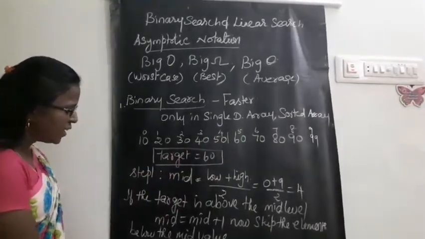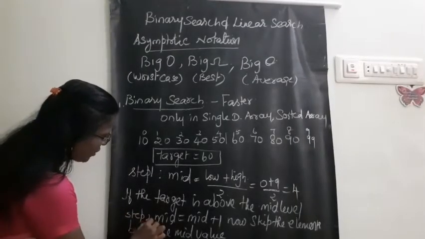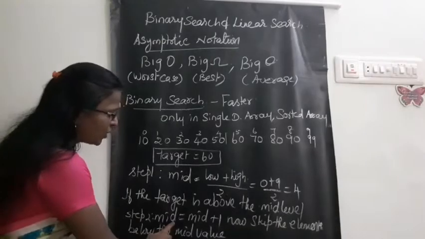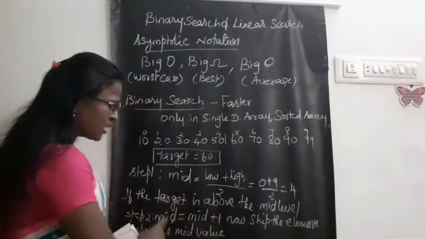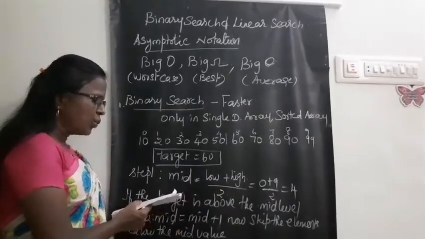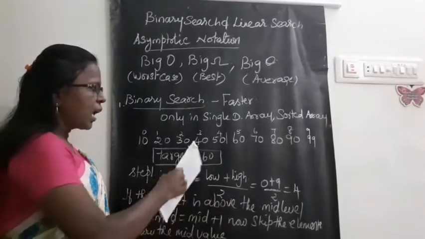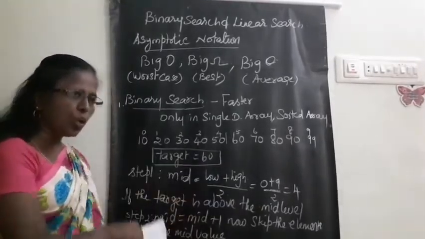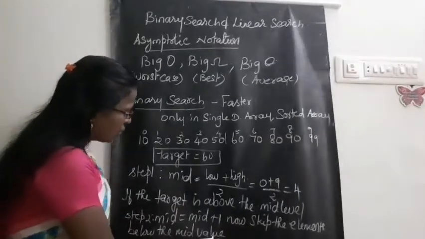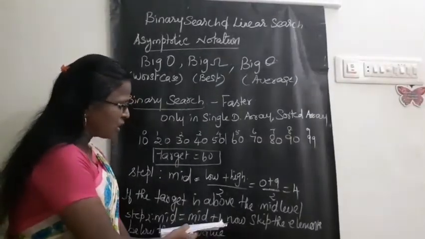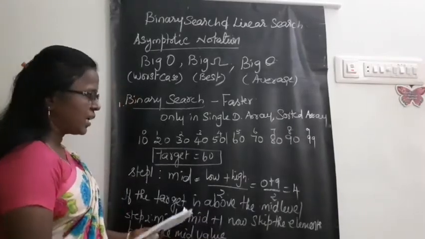So we go to step 2: if the target is above the mid value, mid is equal to mid plus 1, so 5 arrives.